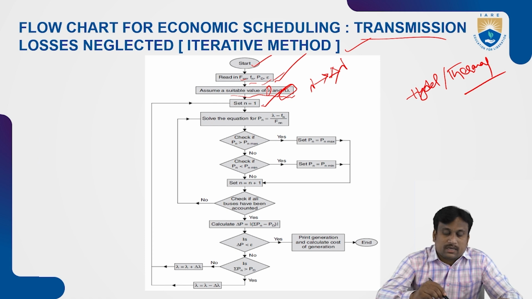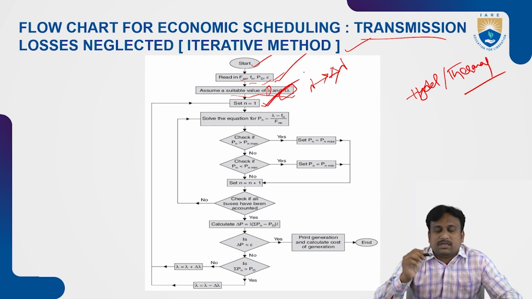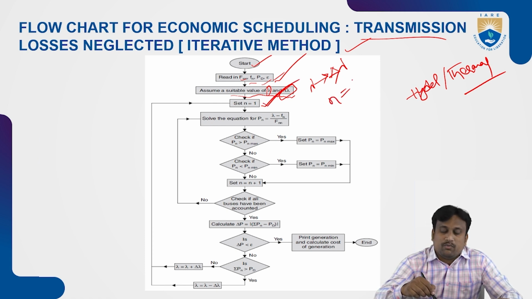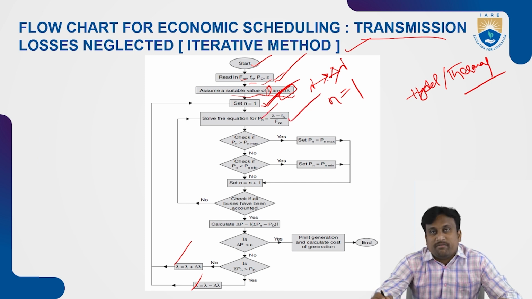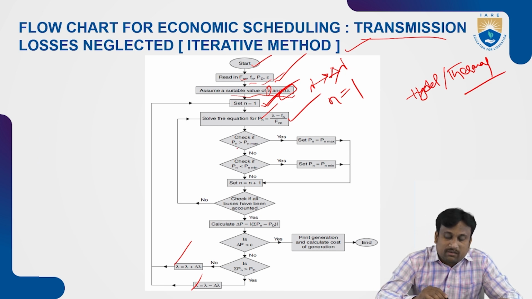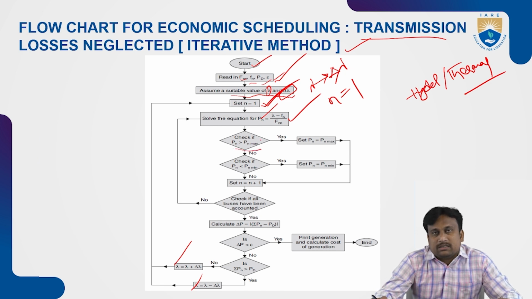So if you are setting the first iteration with the value 1, then it takes you to solve the equation for Pn, that is lambda minus Fn by Fn prime. Now you need to check if Pn is greater than Pn max or not.